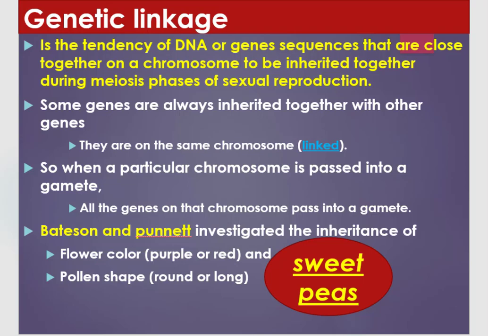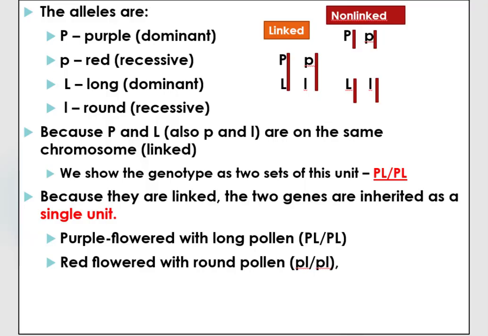The alleles are: capital P, which determines purple flower color and is dominant; small p, which determines red flower color and is recessive; capital L, which determines long pollen shape and is dominant; and small l, which determines round pollen shape and is recessive.